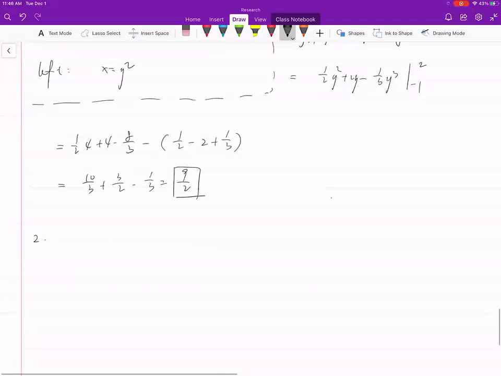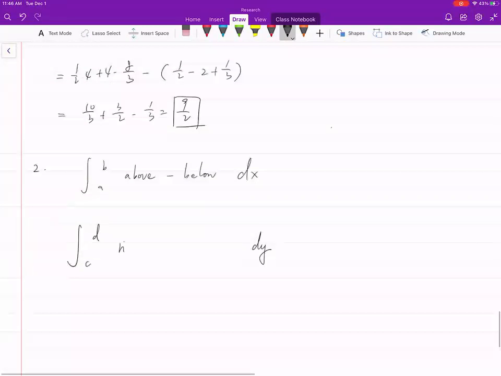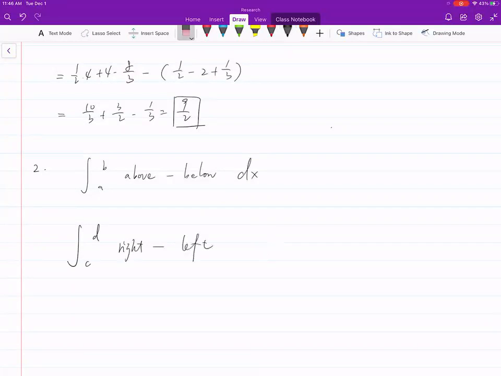That's the second thing we want to talk about. When you have an area, of course you can do above minus below, if you want to do dx. Or you can go from C to D, dy, where you use the right minus the left. Both methods work.